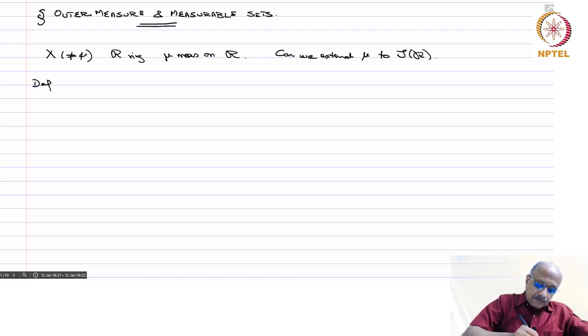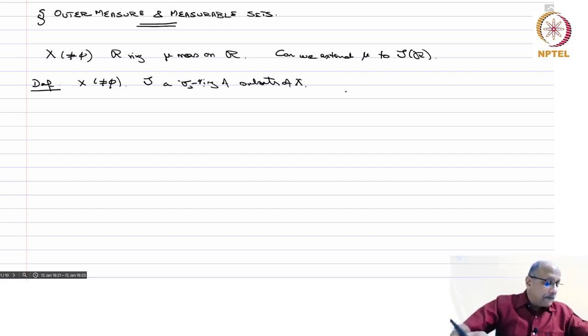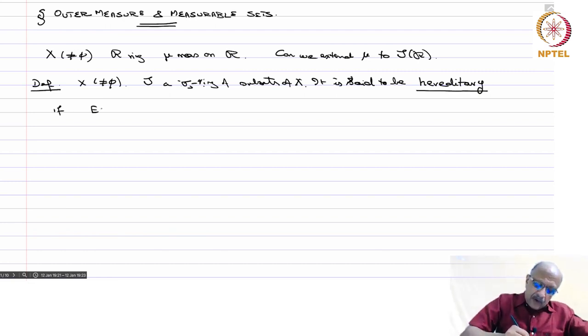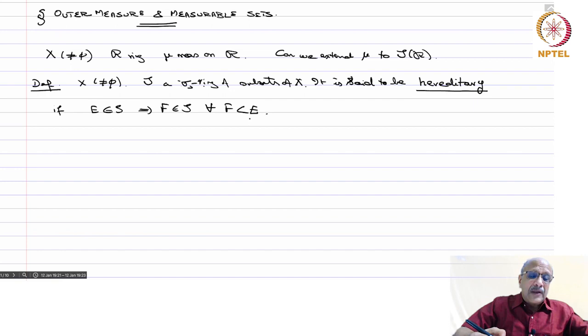So definition: X a non-empty set, S a sigma ring of subsets of X. It is said to be hereditary if E belongs to S implies F belongs to S for every F contained in E. So if the father has a property, the son's children get it also.